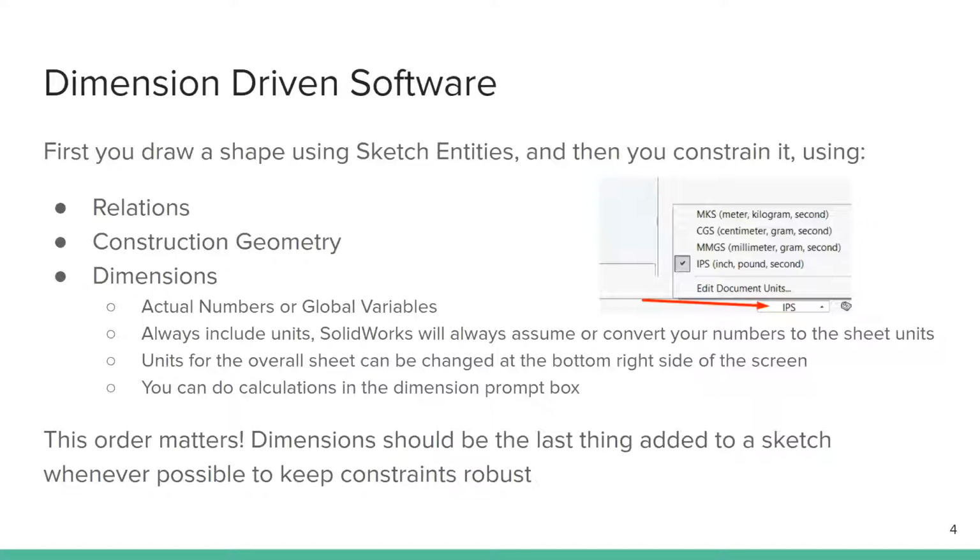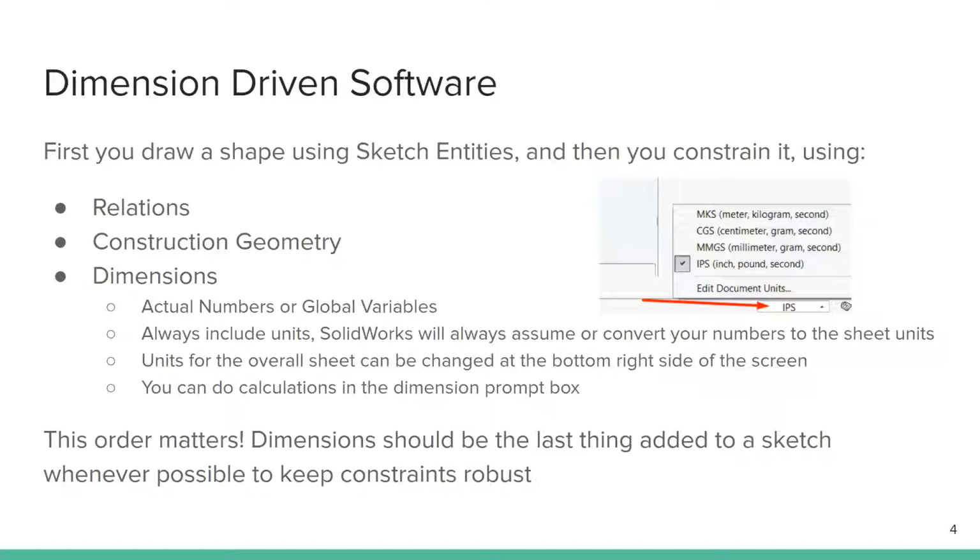And then finally, you can specify actual dimensions. So this line is 10 inches long. And you can actually use a variable that you specify for the entire sheet, and that will let you change it with just 2 clicks instead of having to go into each and every sketch and make a modification.